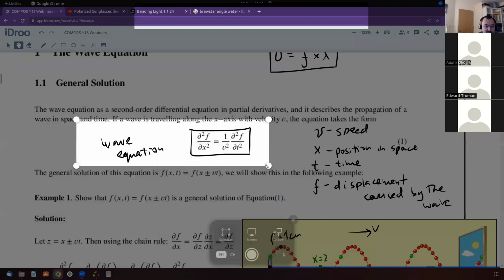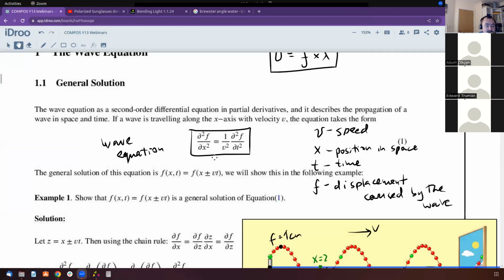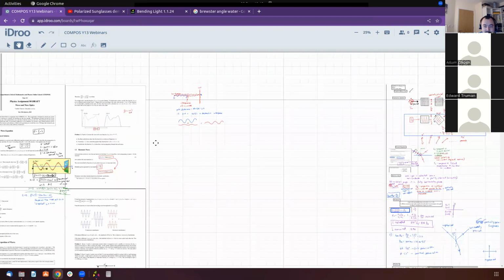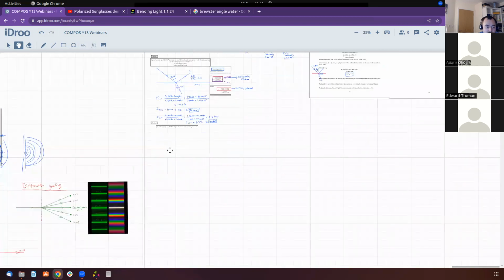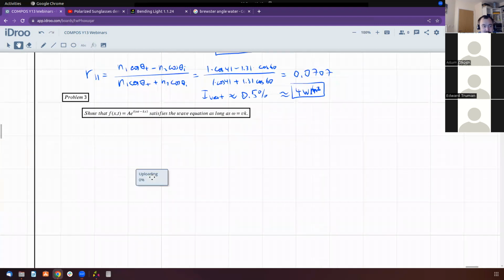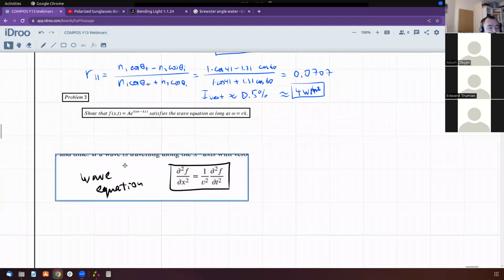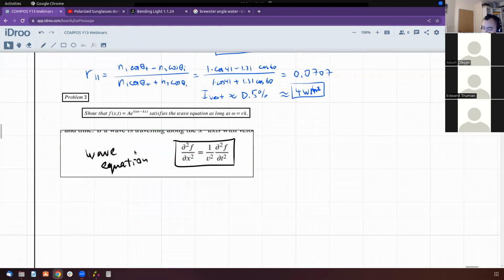Let's just remind ourselves what the wave equation is. And here it is. Well, why not? Let's do this quickly. So you have the wave equation, and you want to know that this function satisfies the wave equation. So let's find df/dx first.